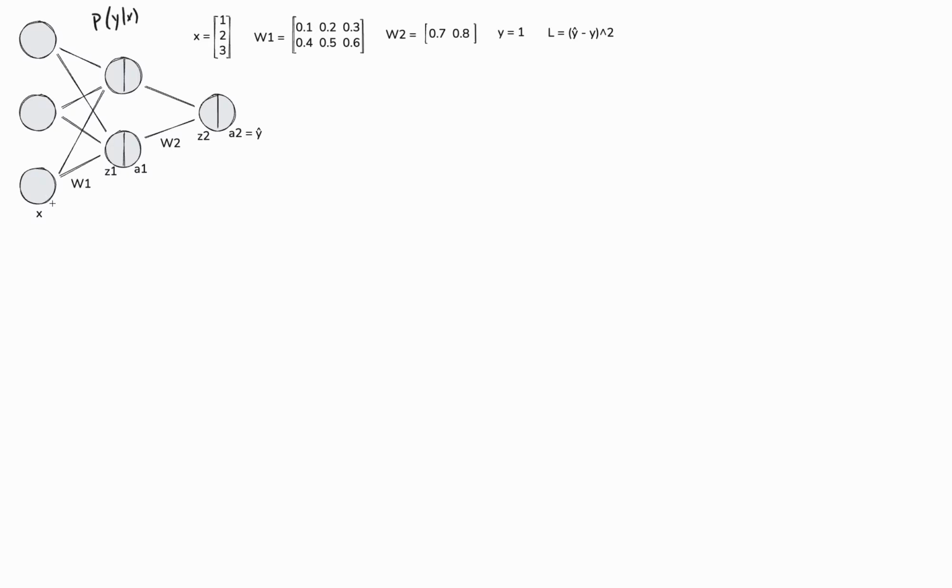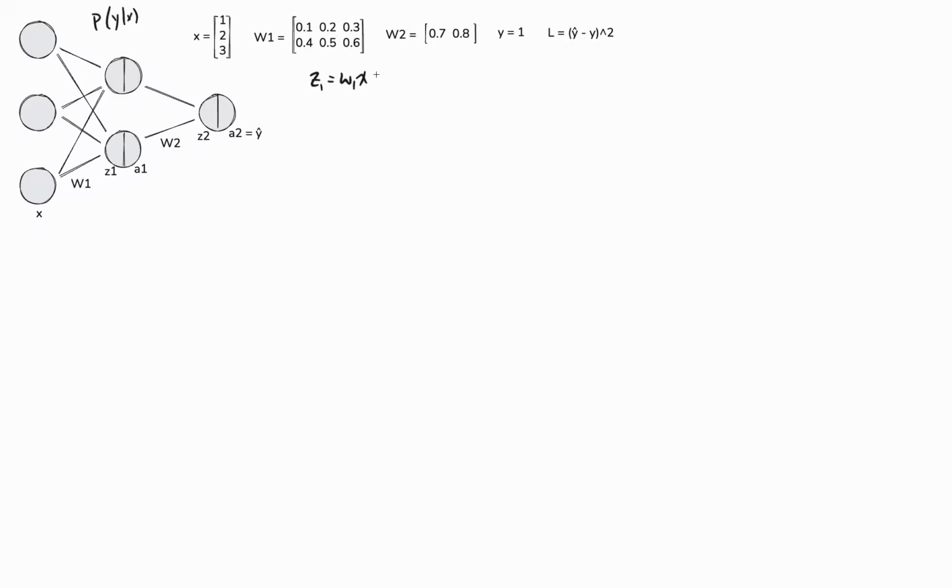Okay, so let's walk through the forward pass of the network here. So again, we start with x, and we want to, by way of W1, compute Z1. So we can just start writing things out here. So Z1 equals W1 times x. Okay, and this is a matrix multiplication.